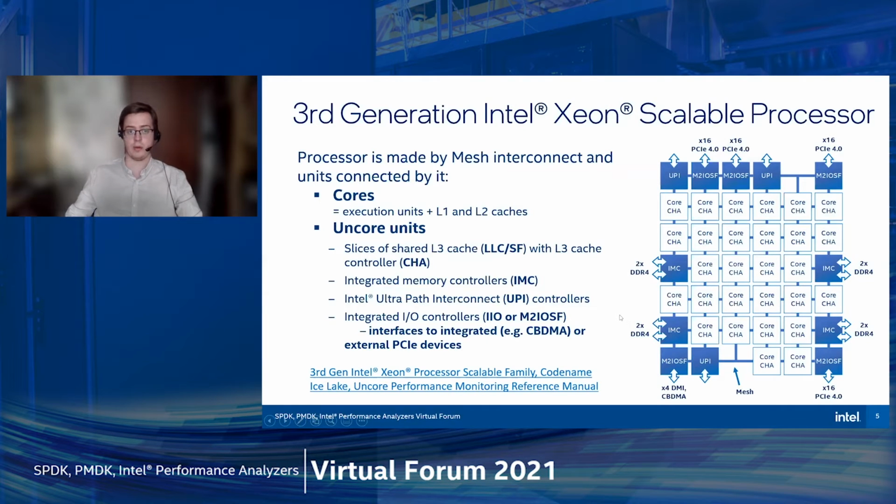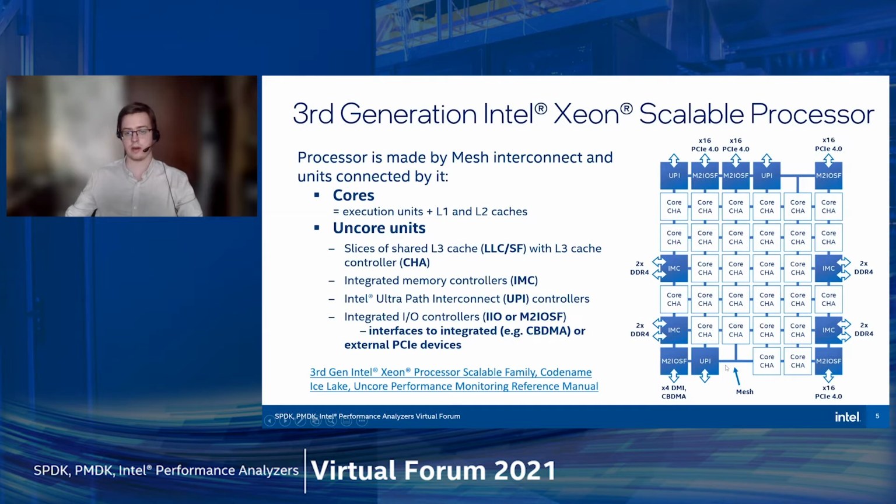So this is what an Intel Xeon Scalable processor looks like, the picture on the right. It is made by a mesh interconnect, which is the grid underneath on this picture. And this mesh interconnect connects various units on the chip.